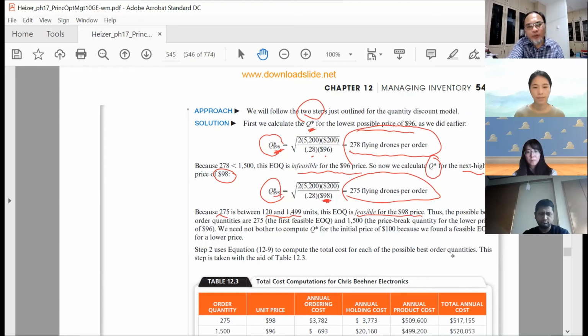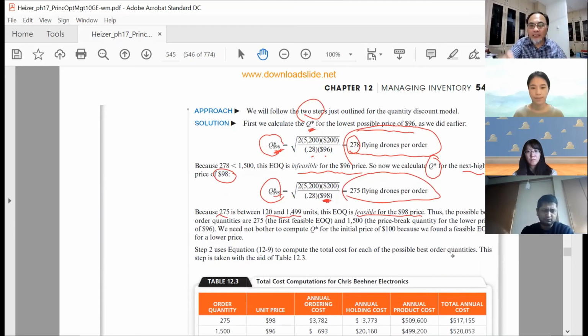Do you understand why we cannot use 278? Because the minimum order for the 96 price is 1,500. You cannot order 278; you must order 1,500 or more to get that price, so the Q star should be at least 1,500.